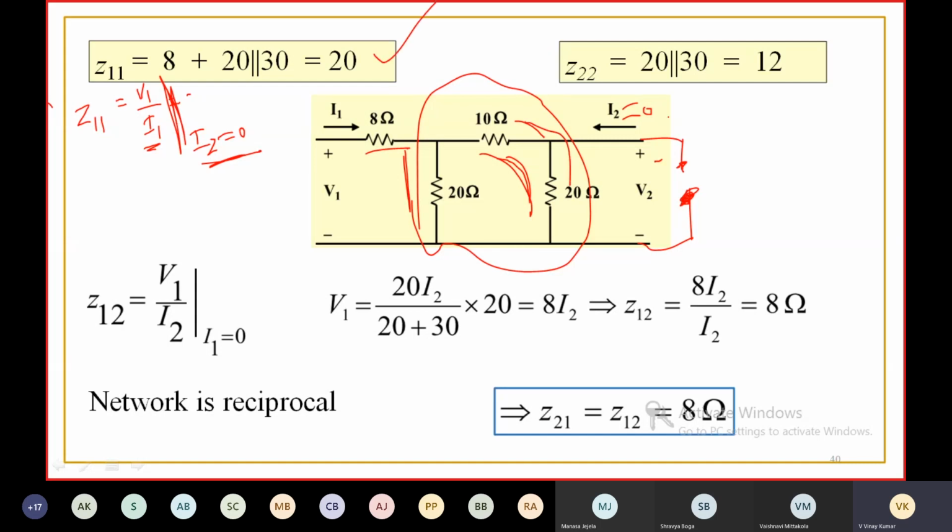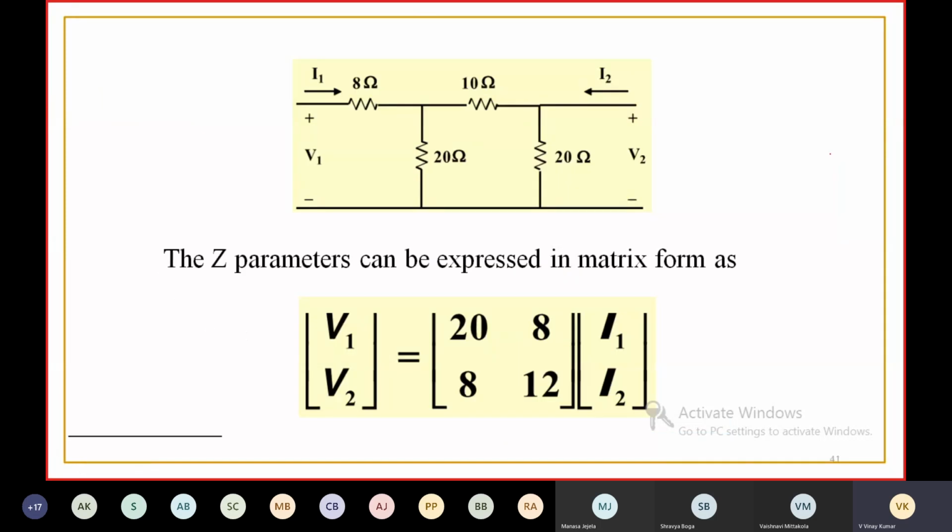Similarly, Z22. Z22 is equal to V2 by I2 when I1 is equal to 0. So you open this port. If you open this port, I1 becomes 0.